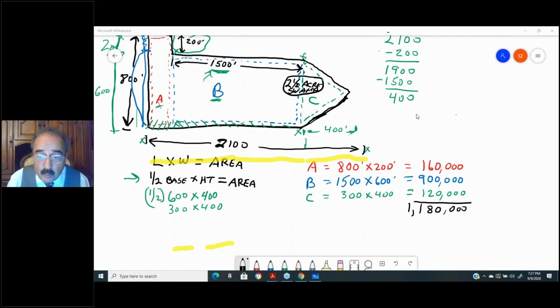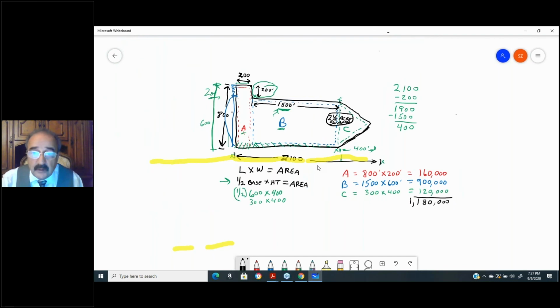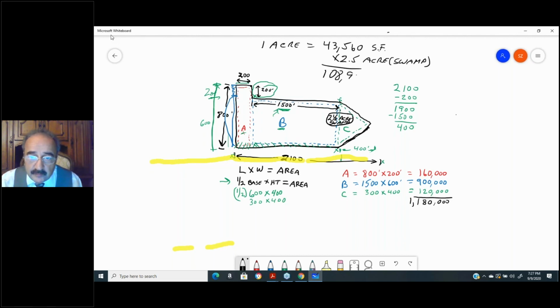Now, that's not my answer. Why? Because I got this 2.5 acre swamp right here. So remember, 1 acre, I'm writing it up on the top, equals 43,560 square feet times 2.5 acre swamp, which is my swamp, which you can't plant crops in, will give me 108,900 square feet.